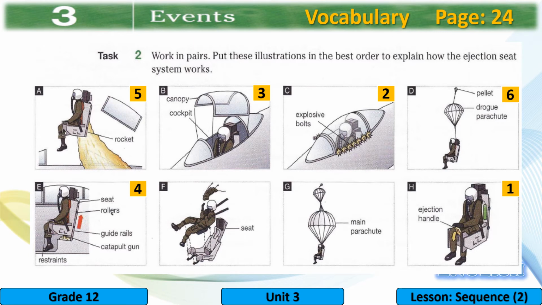Number 5. Number 6, at that time, the drogue parachute opens. And next, the main parachute opens also. And in the end, the pilot is separated from the seat, and both of them go back down to the ground. Well done.